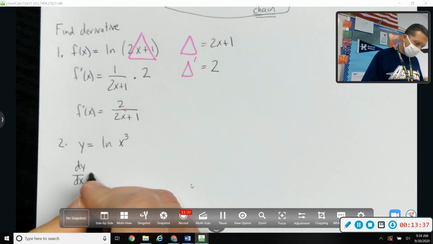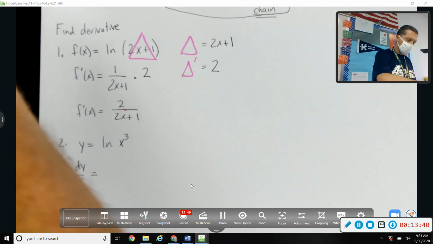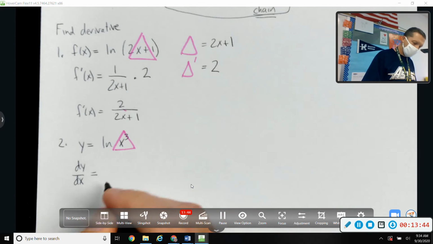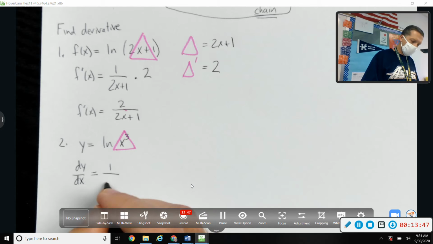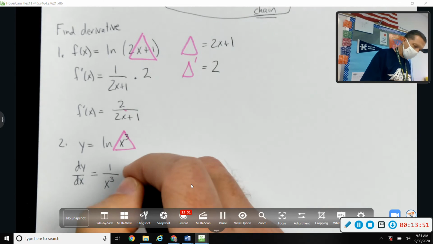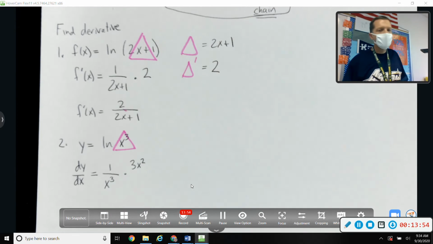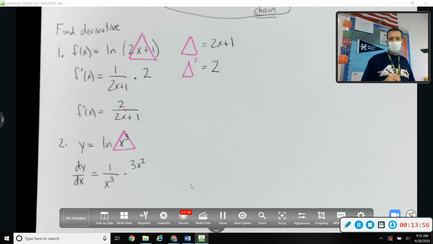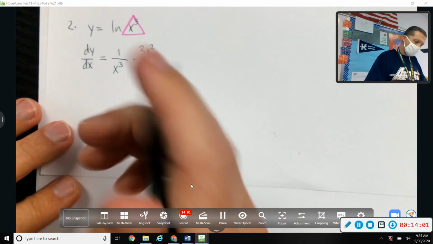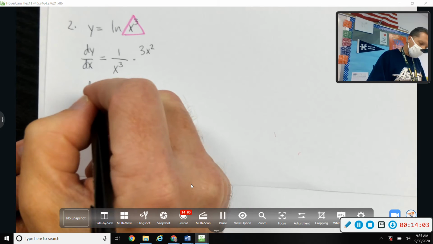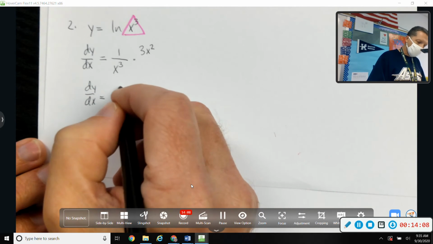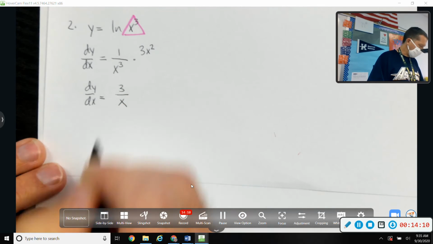Dy dx equals, I'm not going to write out everything, but maybe we'll label the pink triangle, 1 over the pink triangle times the derivative of the pink triangle. 1 over the argument times the derivative of the argument. And then we would need to clean that up just a little bit. X squareds would reduce to 3 over x.